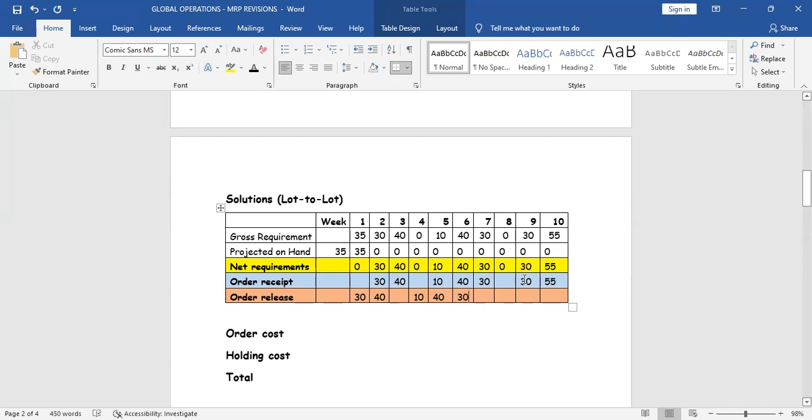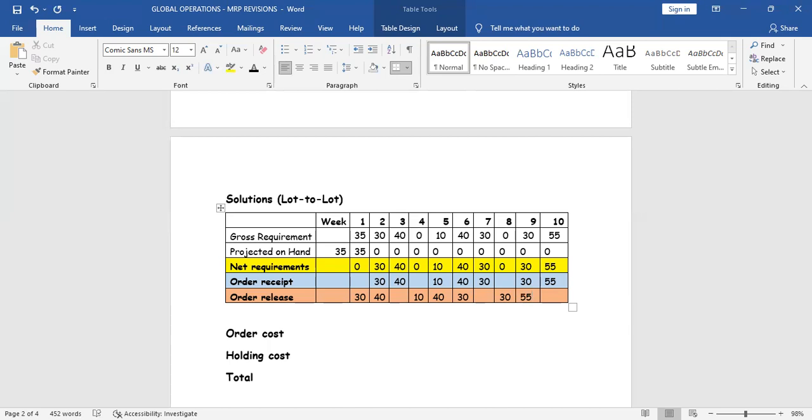And then the 30 here, which is required in week 9, will come in week 8 because of the lead time of 1 week. Then the 55, which is required in week 10, will be ordered in week 9. We need to release the order in week 9. There we go.